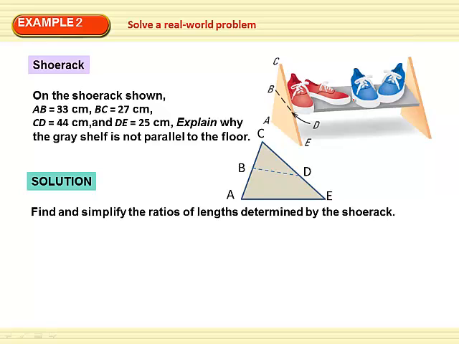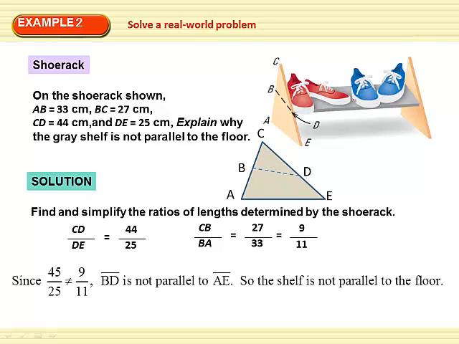You have to find and simplify the ratio of the lengths determined by the shoe rack. CD is to DE, which is 44 to 25, and CB is to BA, which is 27 to 33. Since these two are not equal, BD is not parallel to AE, so the shelf is not parallel to the floor. So this might have been built by Homer Simpson, because it's not perfectly parallel. That's a joke from the 90s, if you don't get it.